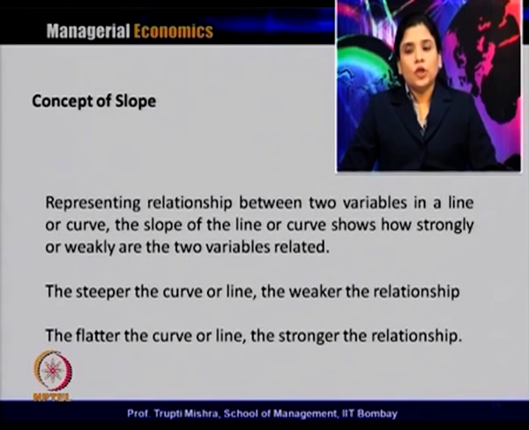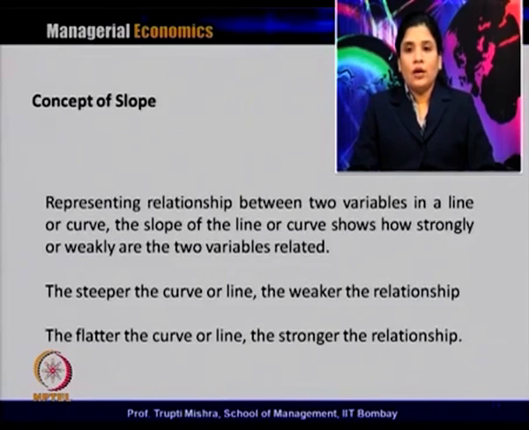So, geometrically, if you look at what a slope is, it represents the relationship between two variables in a line in case of a linear relationship, or a curve in case of a non-linear relationship. So, the slope of the line or the curve shows how strongly or weakly two variables are related.